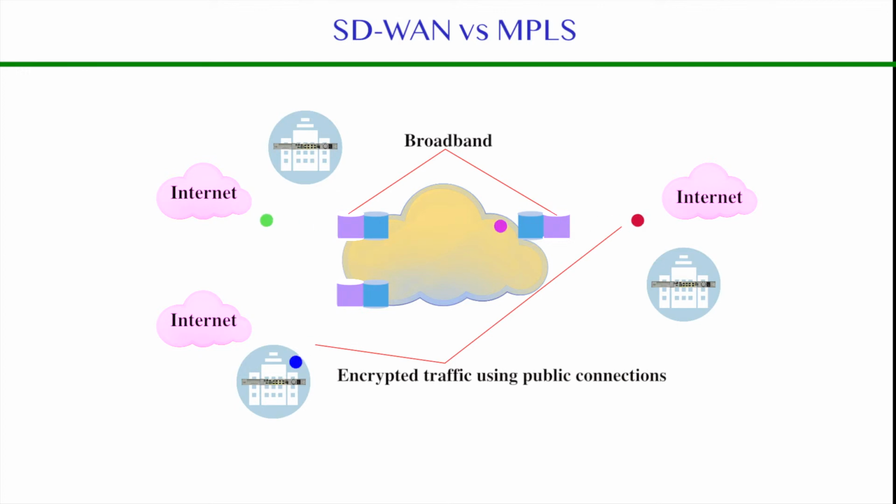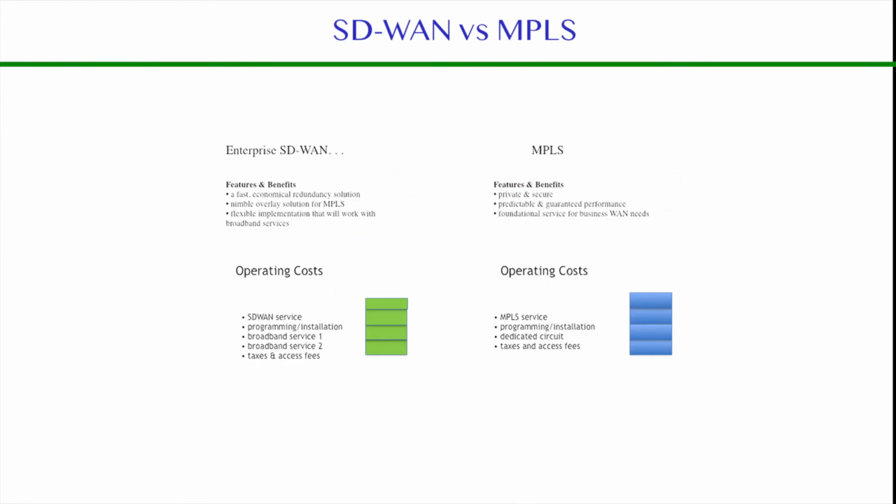This is why when you start to scale and you're looking at a larger network application, MPLS, because of its private nature, because of its dedicated service, becomes easier to manage, it's more predictable, and it's going to perform better over time.